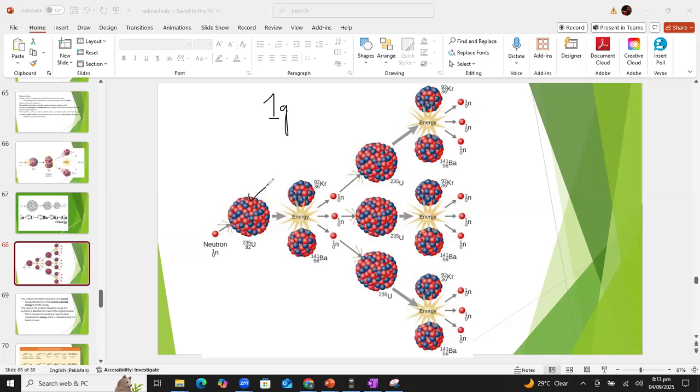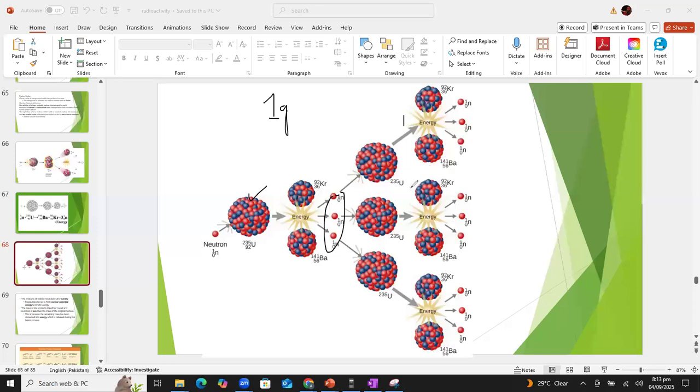This product becomes highly unstable and decomposes into two fission fragments, barium and krypton. You can see 3 neutrons are released here. These 3 neutrons make contact with 3 further uranium nuclei, and those 3 nuclei decompose into three more fission fragments.